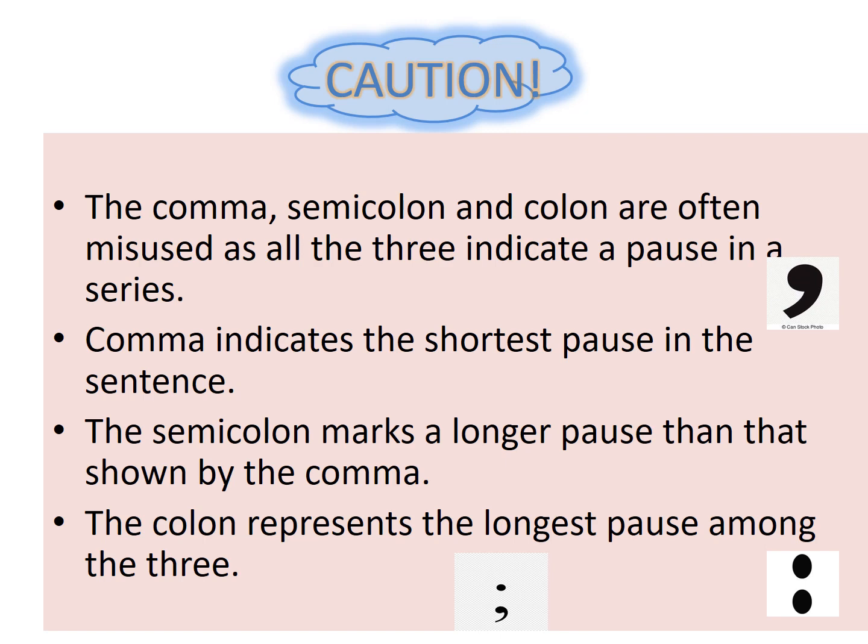And before closing this class here, let's revise that comma, semicolon and colon represent the pause. Comma indicates the shortest pause in the sentence. The semicolon marks a longer pause than that shown by the comma, and the colon represents the longest pause among the three in the sentence.